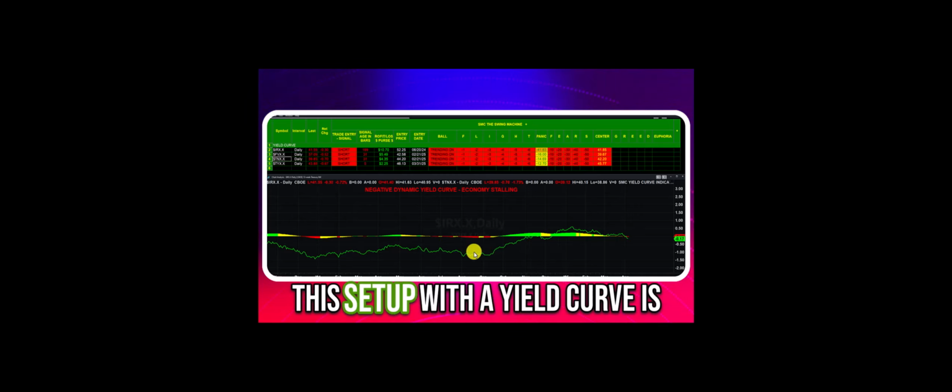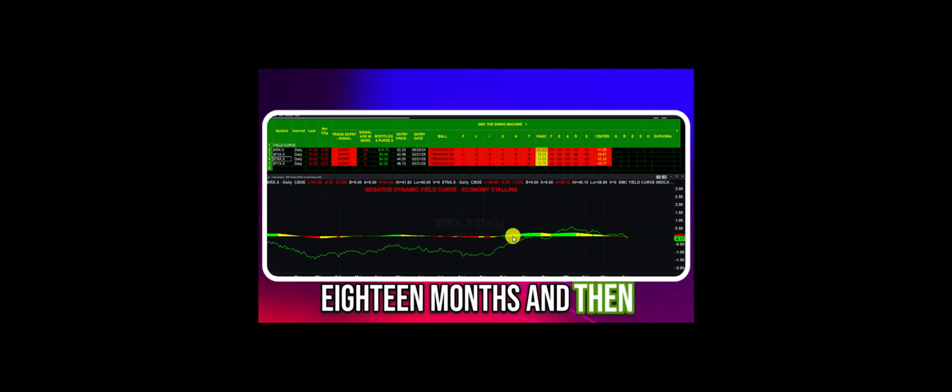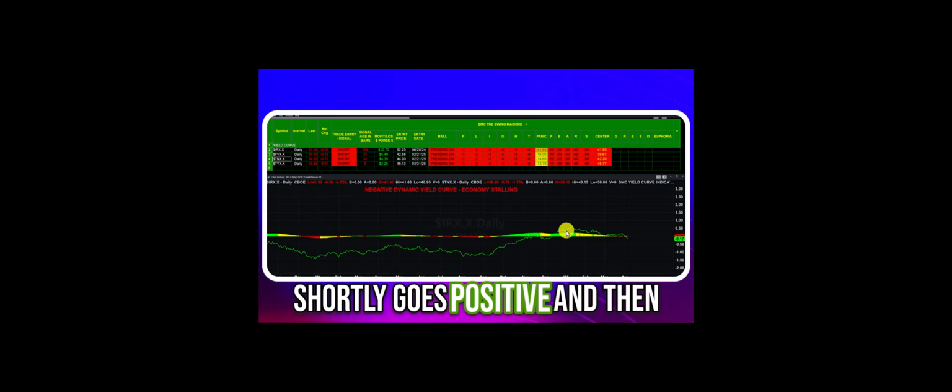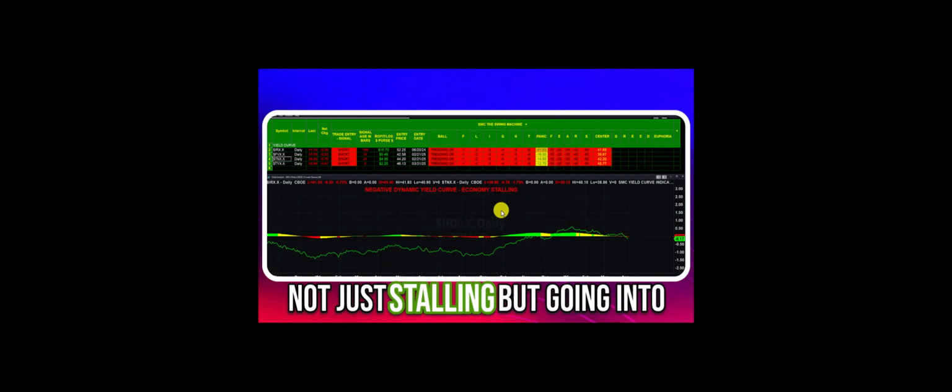This setup, where the yield curve is negative for 15, 16, 18 months, and then shortly goes positive and then rolls over, is actually the signal, historically, since folks have been tracking this, that the economy is now not just stalling, but going into a recession.